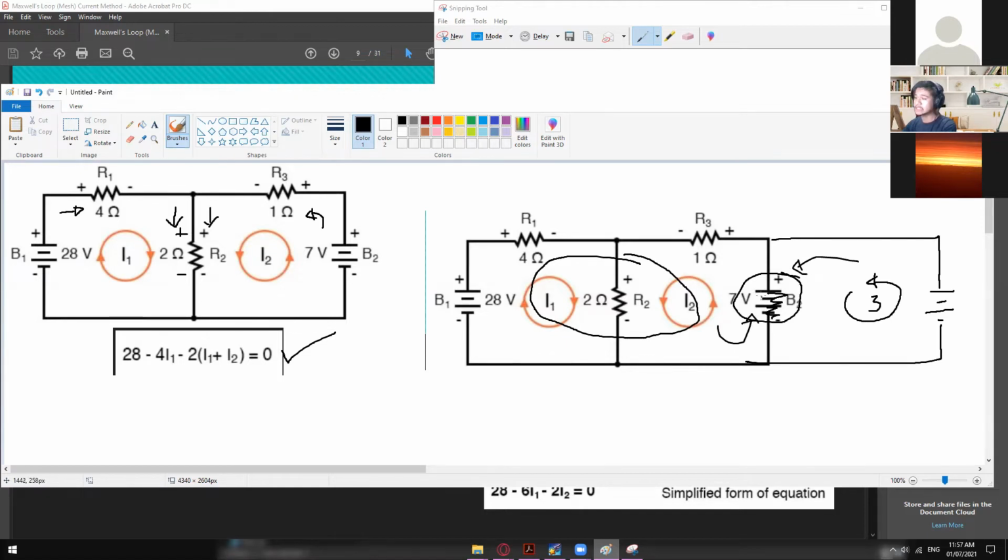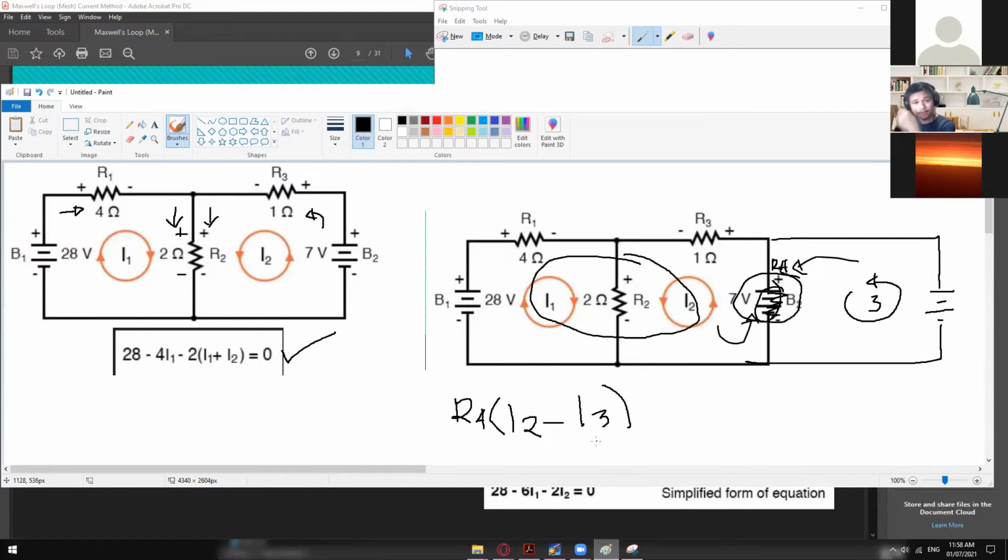So for your equation in I2, it will become R4 times I2, and this one is opposing this flow of current, so this will become negative I3.